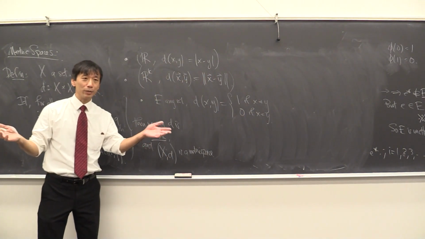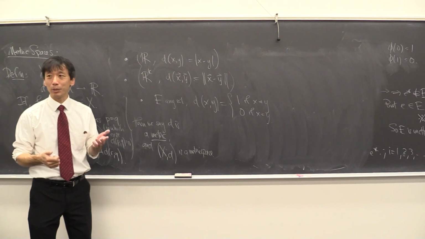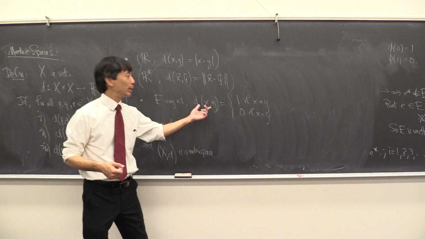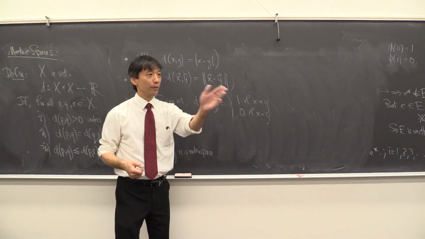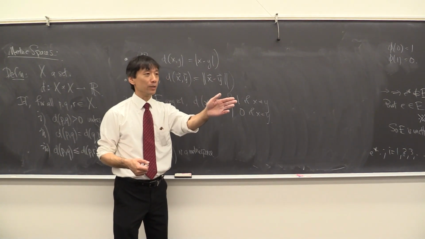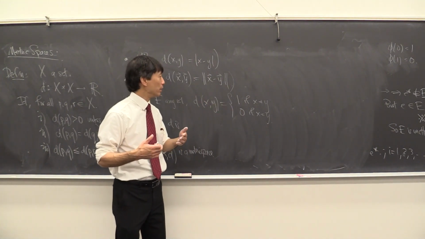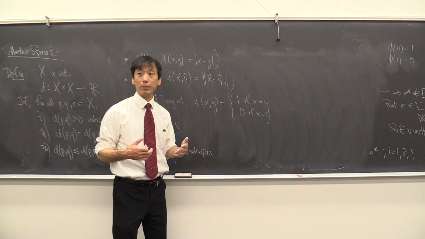So I can make this classroom into a metric space. The people in this classroom are a metric space if you put this metric on it. If I differ from the other person, the distance is 1, but if I'm talking about the distance to myself, the distance is 0.